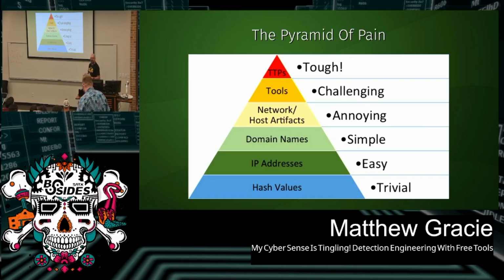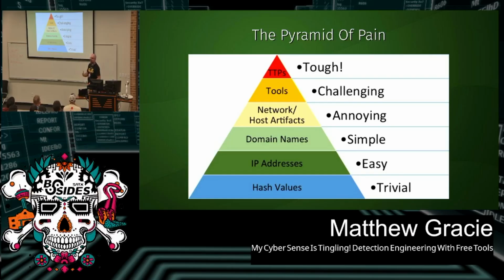Changing what it actually does, that's harder. We need to remember that these threat actors are like any other IT organization. They have interns, they have documentation, they have processes in place, they have playbooks, right? So the higher we go on this pyramid, the more stuff they need to change, the harder it is for them.